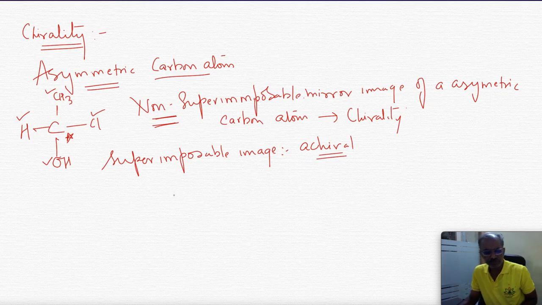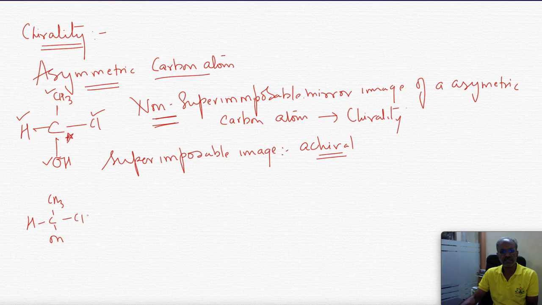Take for instance this example: the OH and then this is Cl. If we see the mirror image of it, this will be Cl, C, CH3, this will be OH and this will be H. This is A, and this is B. If we pick this whole molecule and try to superimpose it, they can't be superimposed, because here it is Cl and here it is H. So this is a non-superimposable mirror image.